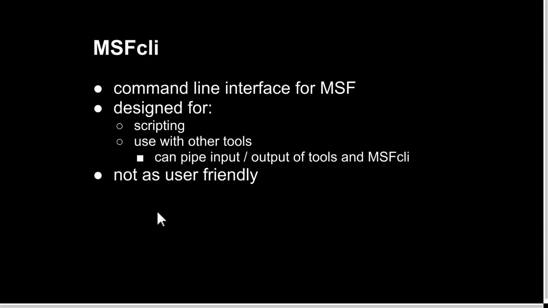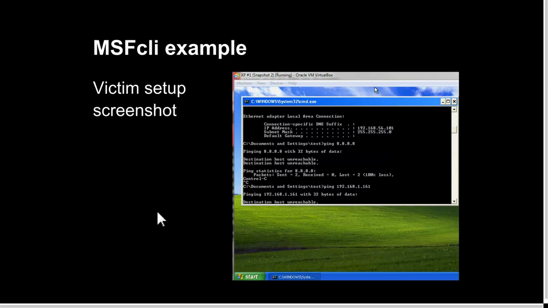And early on it was designed mainly to allow more functionality and compatibility with other tools that perhaps weren't integrated in some manner to the framework or in a friendly way. So you can basically do command line style input and output between things. It's not as user-friendly, but it still works.